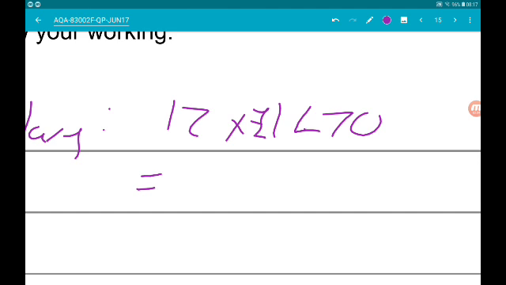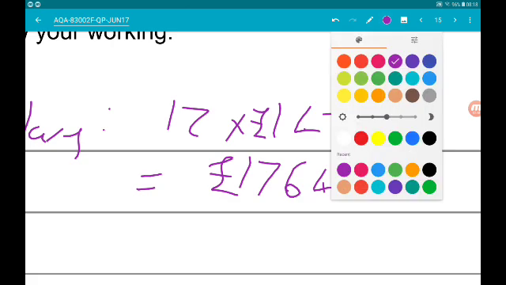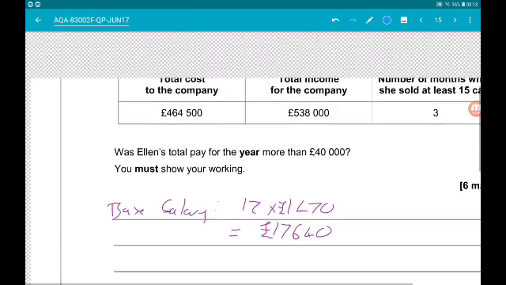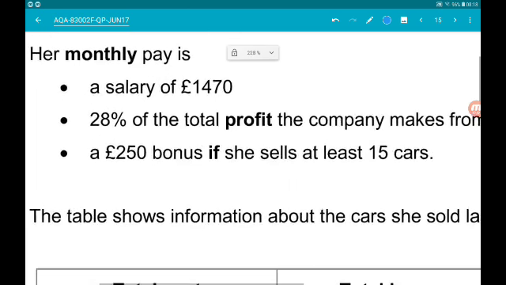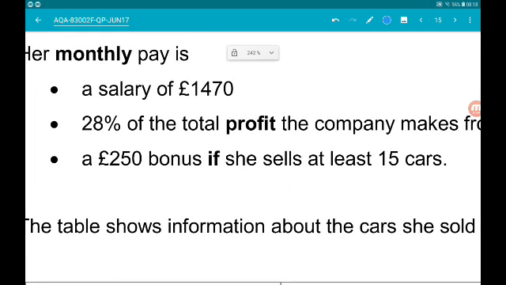So that gives us 17,640. So that's her base salary. So we've dealt with this bit.